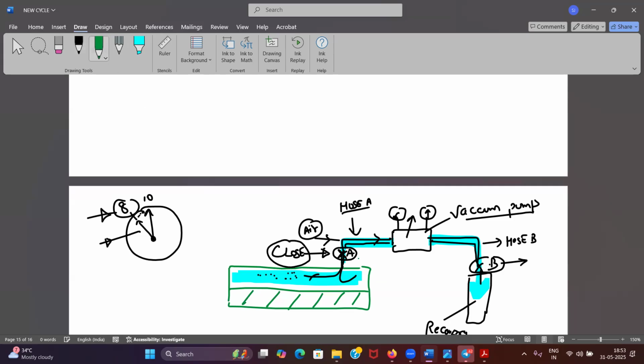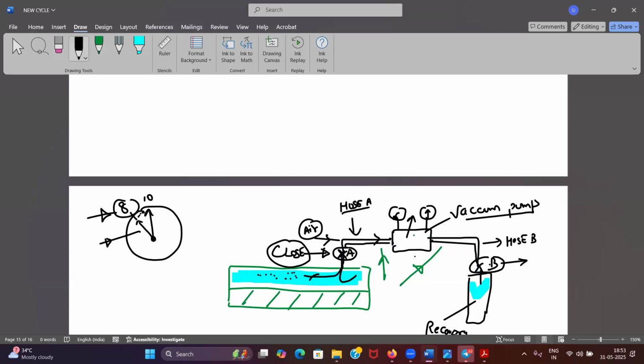But still some amount of air, or air mixed with refrigerant, is present in these lines. I do not want to just close A and B and remove the lines. What I have to do is keep B open and start the vacuum pump again until it shows vacuum. When it shows vacuum, that means there is no more air in the lines, isn't it? It has already pumped everything out.